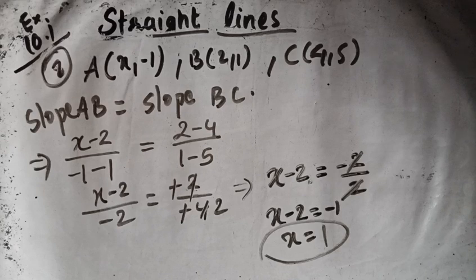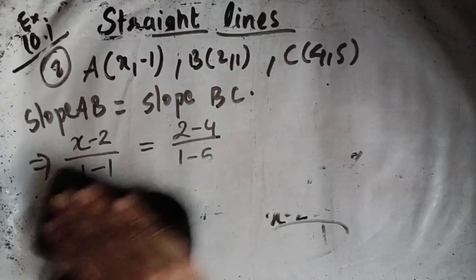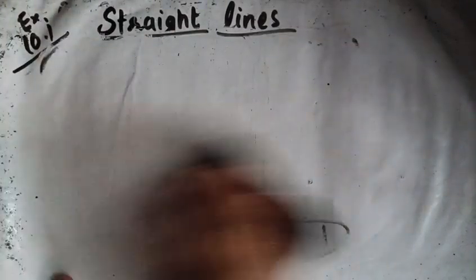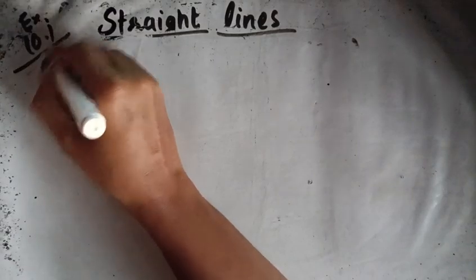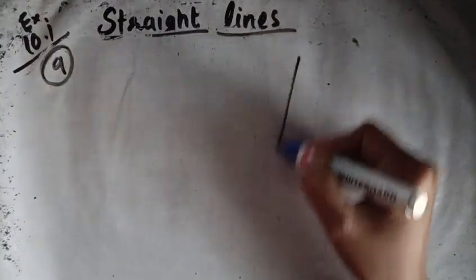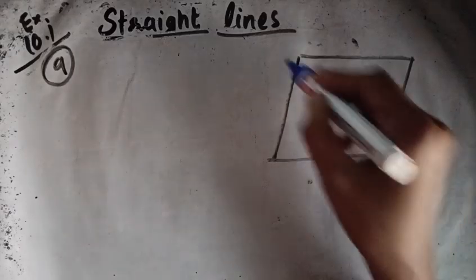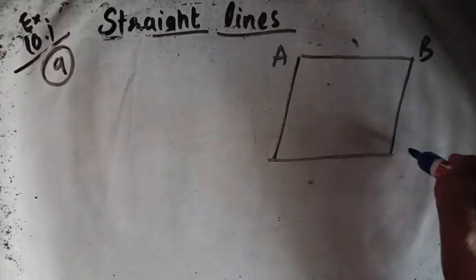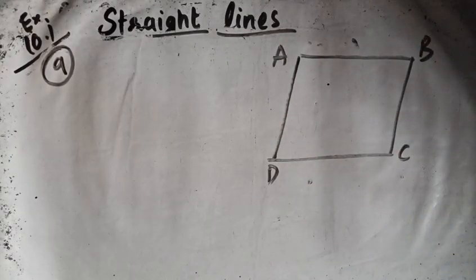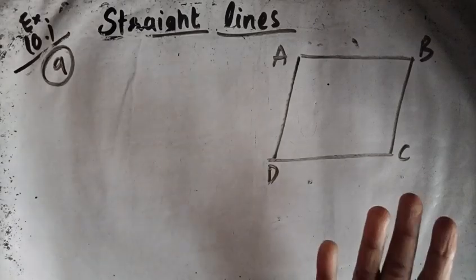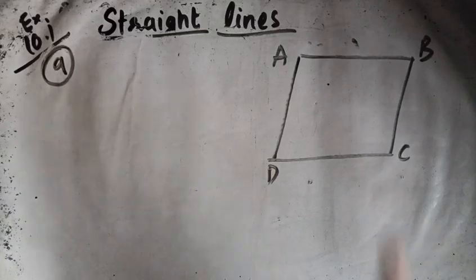Next question, without using distance formula, show that the points are the vertices of a parallelogram. Now in this, A, B, C, D. Parallelogram property is opposite sides are parallel and equal. So we have to show that the opposite sides are parallel.